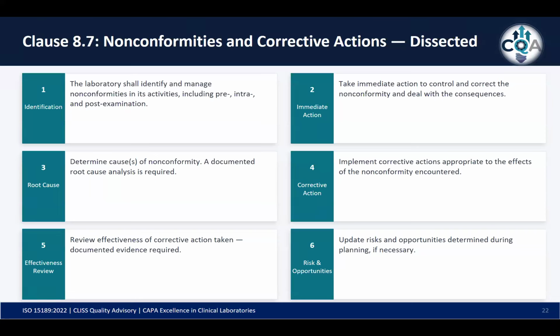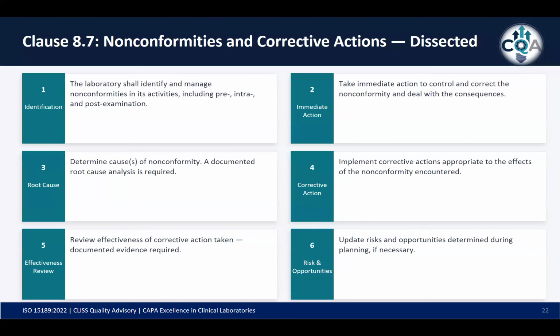And then corrective action: you implement corrective actions that are appropriate to the effects of the non-conformity encountered. In other words, these should be linked to the root cause that you would have determined. Number 5, review the effectiveness of the corrective action that was taken. This time, we want evidence of documentation.